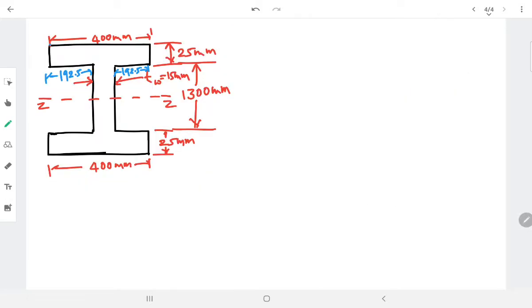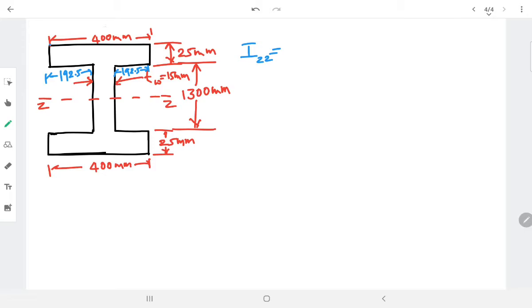So before we start with the moment of resistance, we need to calculate the IZZ value, that is the moment of inertia about the Z axis, and the plastic modulus of the section. So let's calculate this IZZ first.